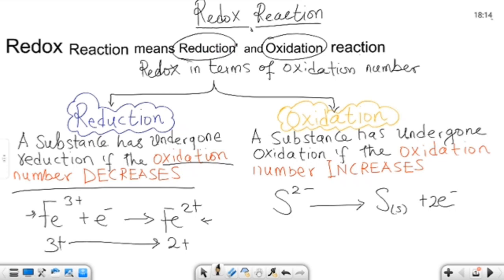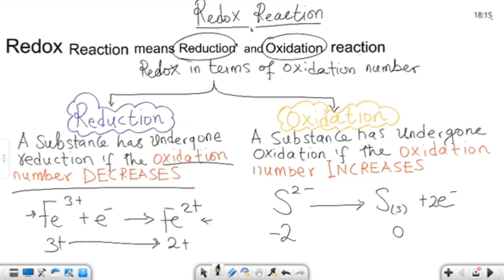If you look at this, the oxidation number of sulfur here is -2, while the oxidation number at the product side is 0, because the oxidation number of any element in the free state is equal to 0.